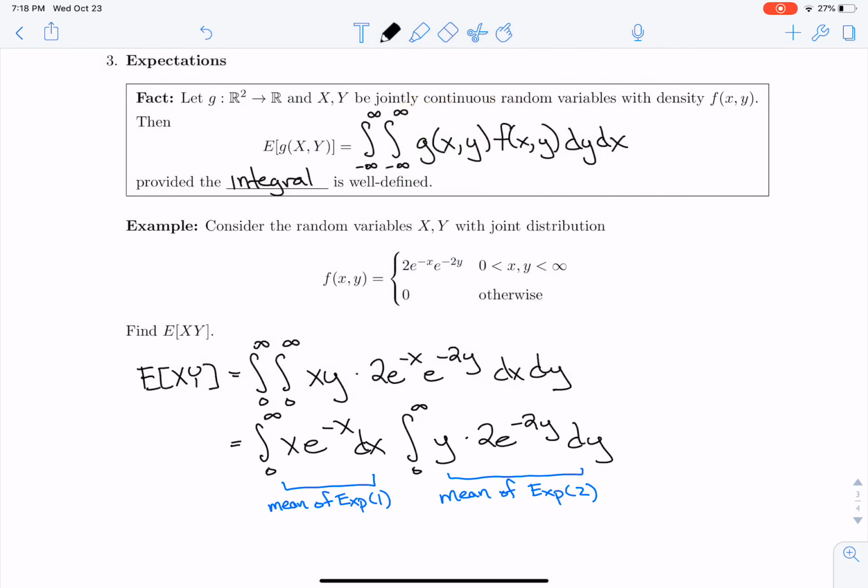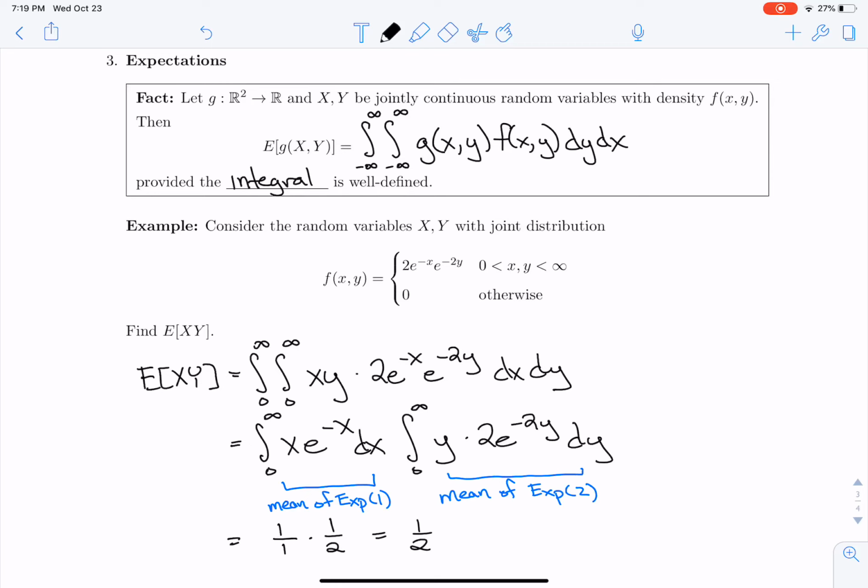So we already know the means of the exponential distributions. They're 1 over lambda. So we might as well solve this integral very quickly as 1 over 1 times 1 over 2. And then, of course, equals 1/2. You could get the same answer by integrating by parts for both of the integrals, but I think recognizing these as exponential distributions is much faster.